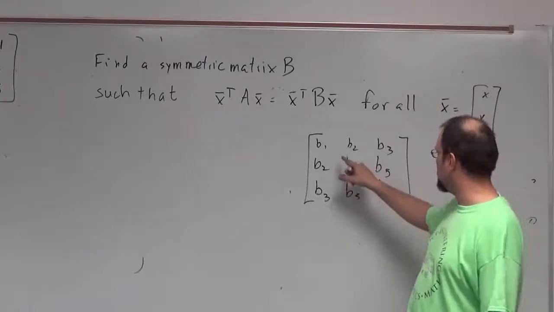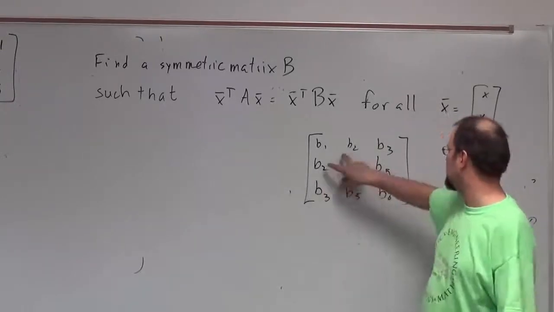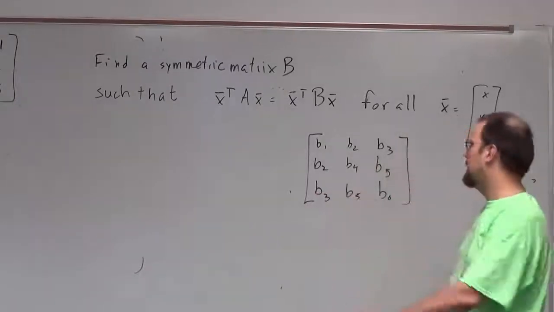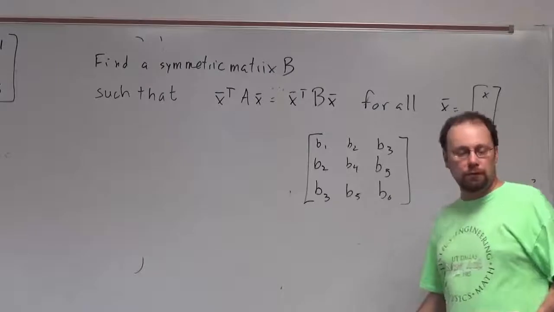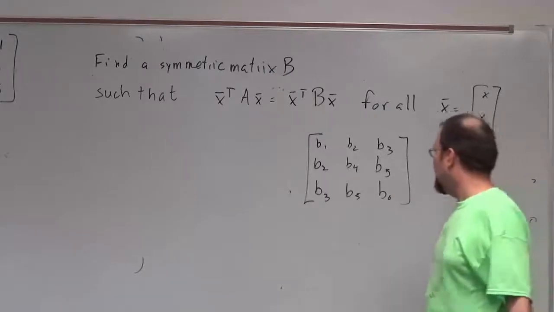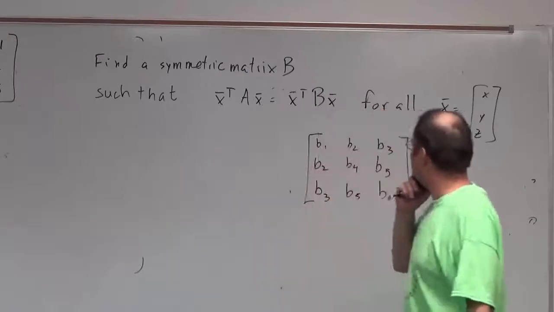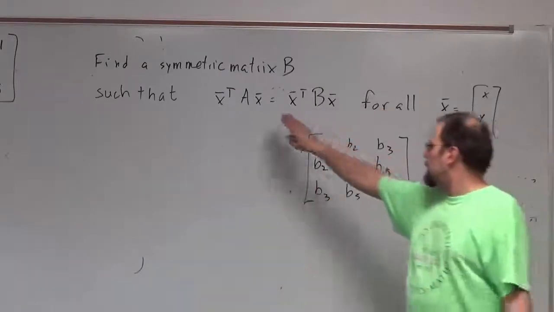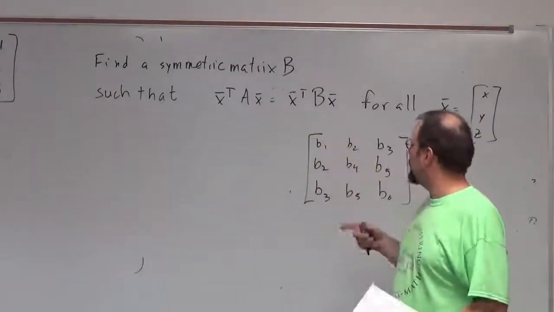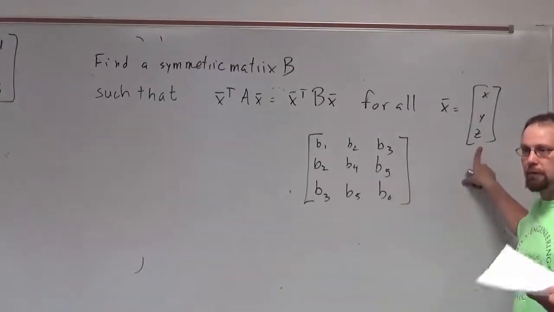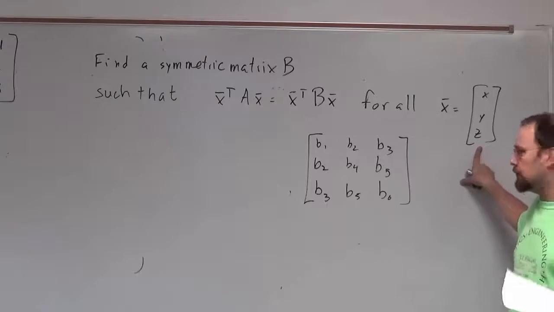Because by symmetry, you know that these two numbers have to be the same, these two numbers have to be the same, and these two numbers have to be the same. So you really just have 6 unknowns in this matrix. And then you can actually multiply stuff out, right? You can reason that if this equation is to be true for all possible 3x1 matrices, it should be true for very specific 3x1 matrices.